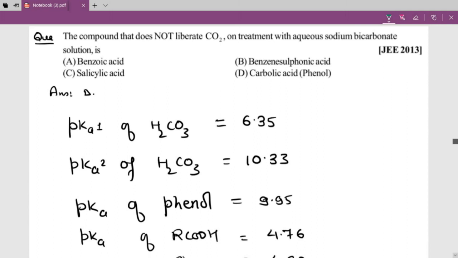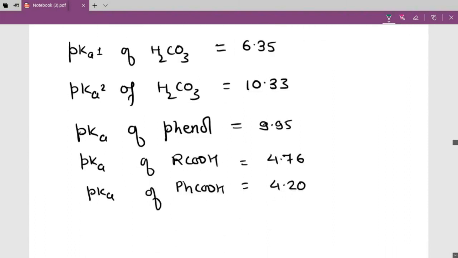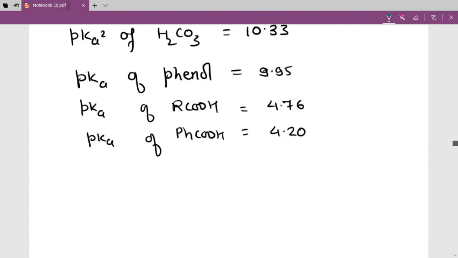The compound that does not liberate CO2 on treatment with aqueous sodium bicarbonate solution. Now, how is this CO2 liberated? What happens if some acid is made to react with NaHCO3?